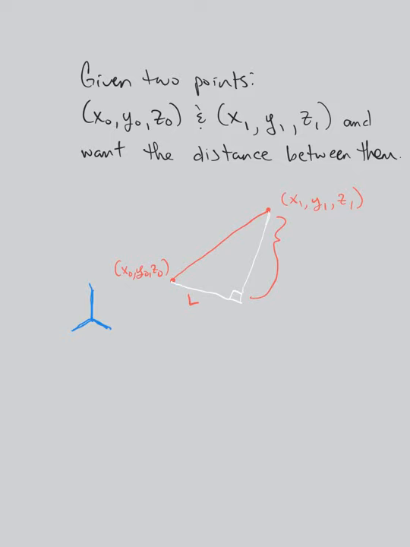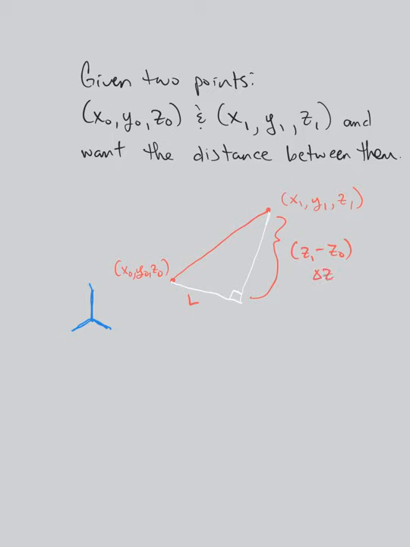We started at z naught and we went up to z1, and so that length is just going to be z1 minus z naught. Now that's key to the derivation. In the last example, whenever we had a single point, we only used the z coordinate. But what is this measuring? This is measuring how much the z changed by, and so this is delta z.